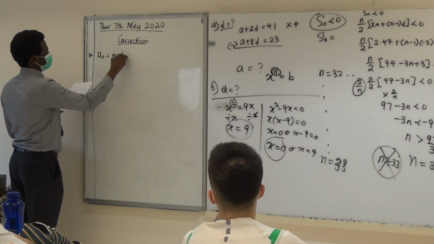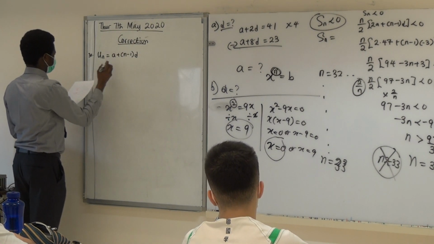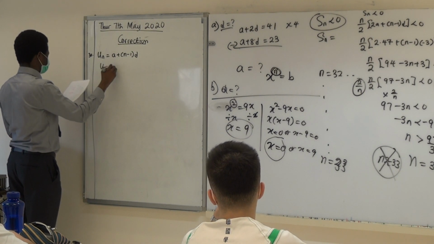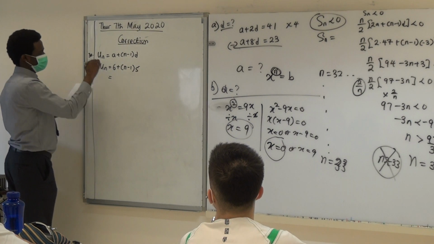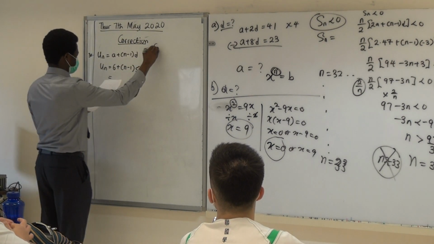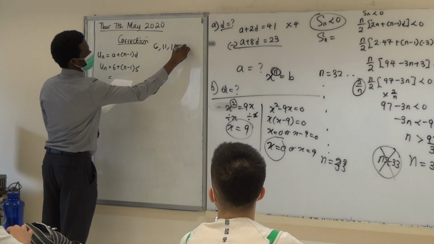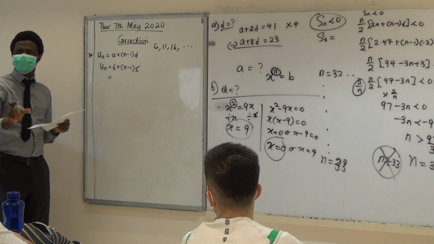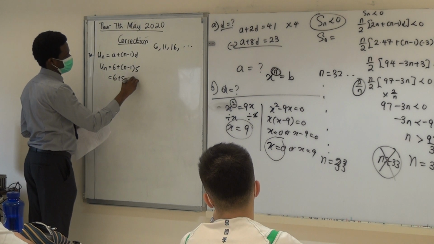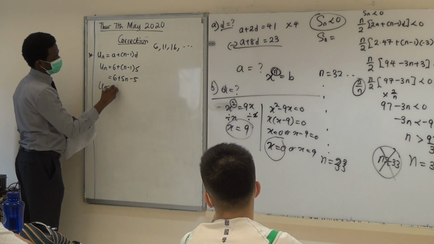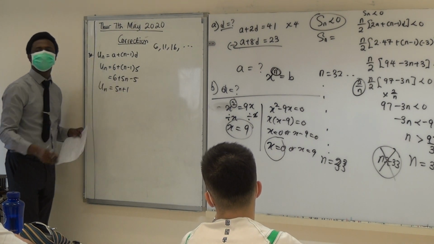Un is a plus n minus 1 into d. Then I got un, then a and d were substituted. Because you already know the sequence is actually 6, 11, and so on. I think, is that the sequence of shapes? Yeah. Then you have 6 plus 5n minus 5. And un actually is 5n plus 1.